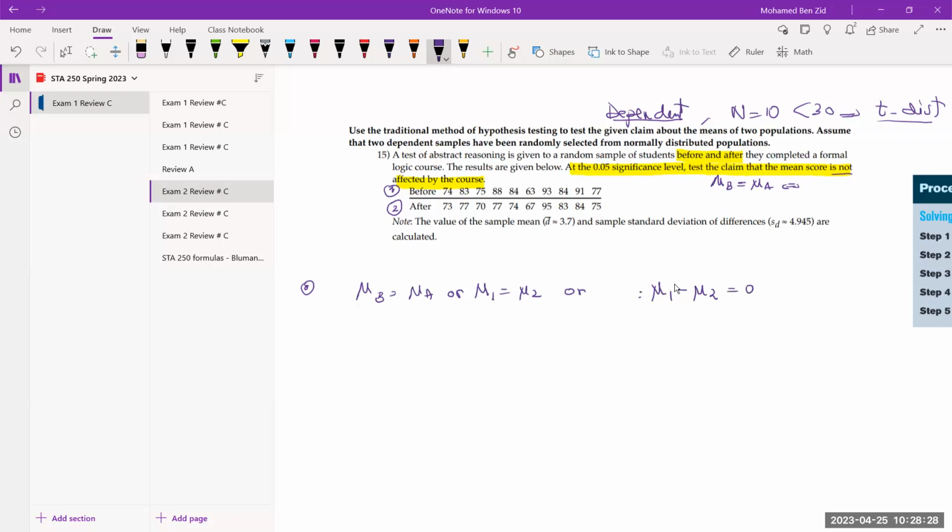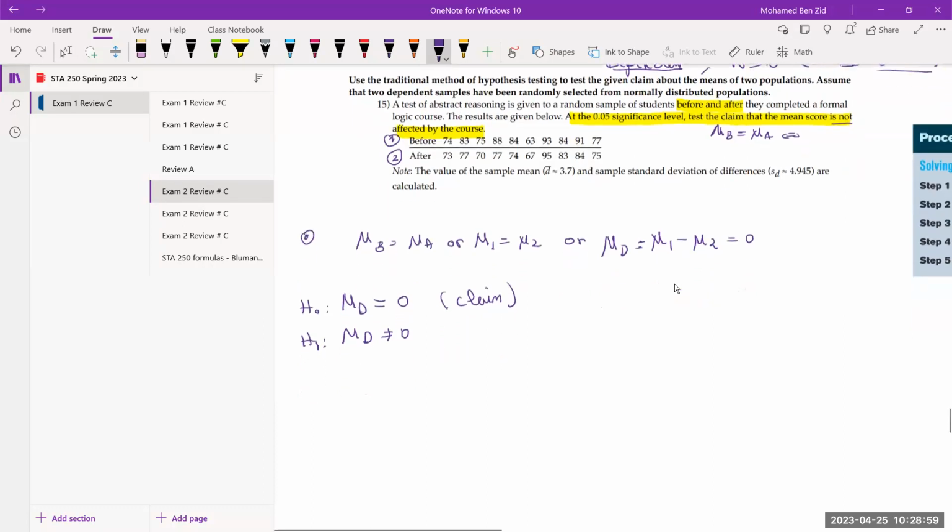This is basically mu d, what we call the mu difference. So your hypothesis H0 is that mu d is 0. The opposite to this is mu d different than 0. This is going to be called H0, and this is going to be called H1. And your claim happens to be H0. Are we okay?